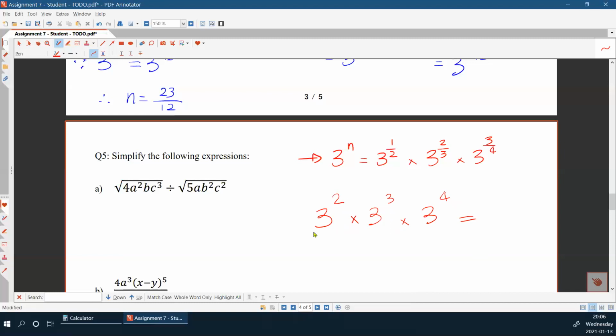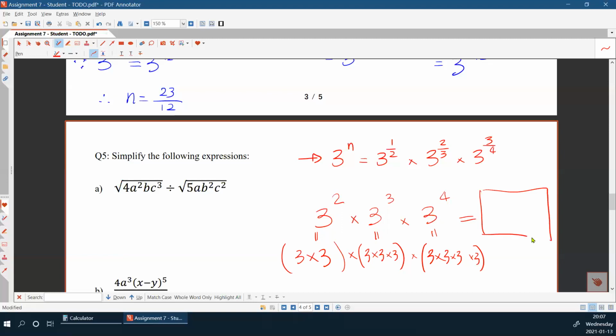Okay, 3 to the 2nd power is 3 times 3, right? 3 to the 3rd power is 3 times 3 times 3, right? 3 to the 4th power is 3 times 3 times 3 times 3, right? So what's the result here?